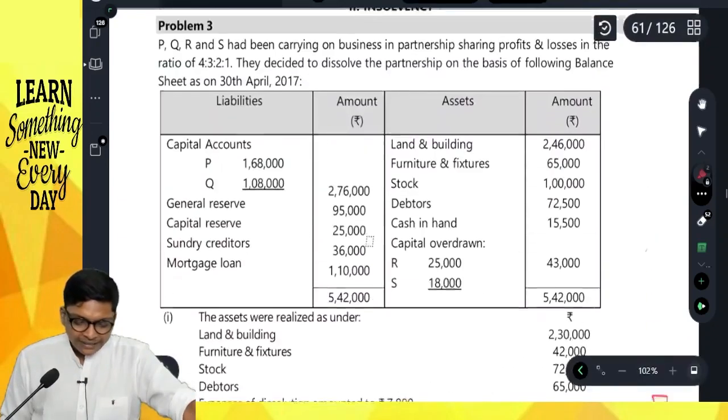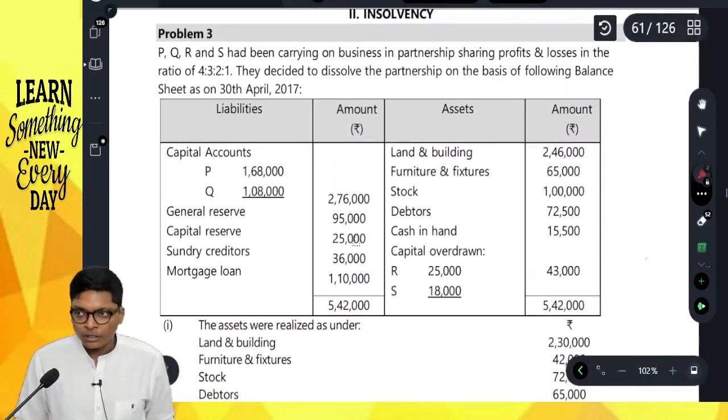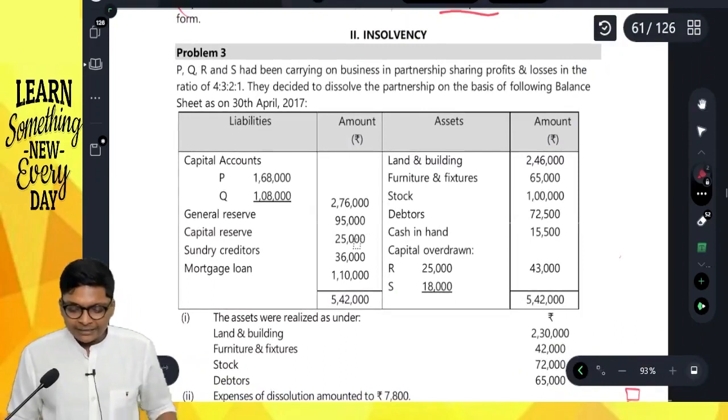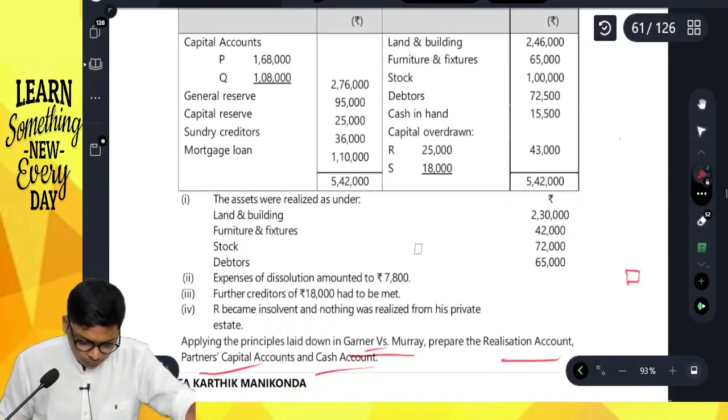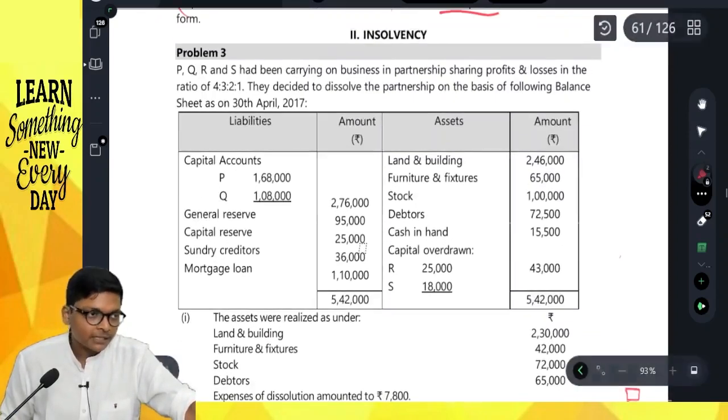Are you able to follow, guys? Understanding? So quickly, forget about the new concept. Prepare the 3 ledgers. Prepare the 3 ledgers. Question 3, correct.